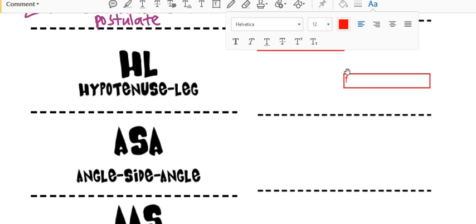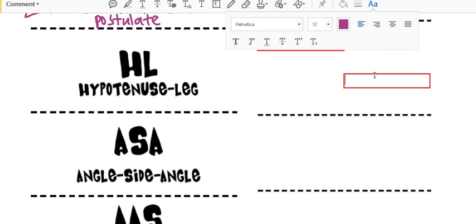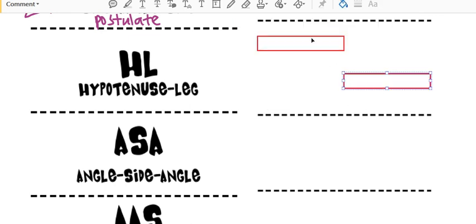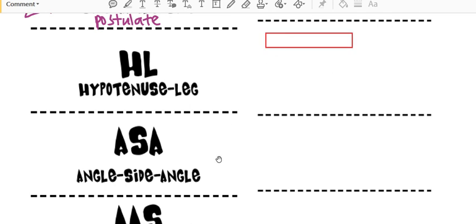All right, so hopefully while I have been doing this, you have been thinking about what a hypotenuse is, and you know that a hypotenuse is only in a right triangle.